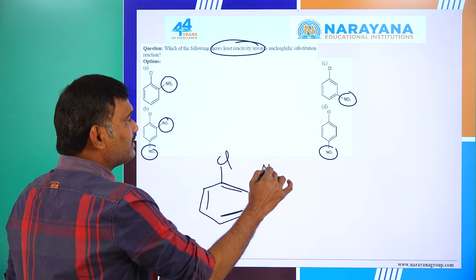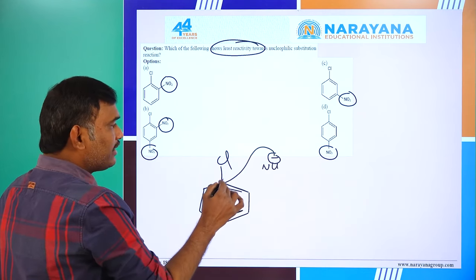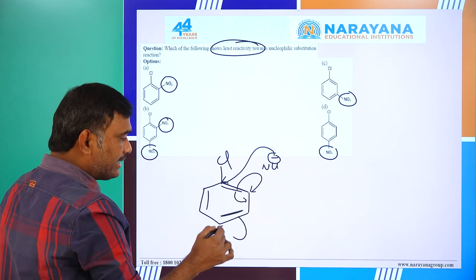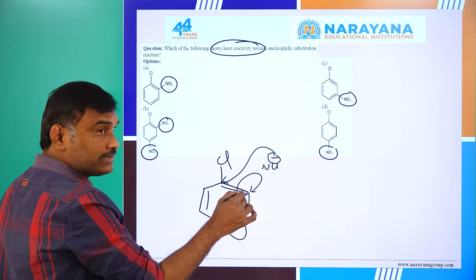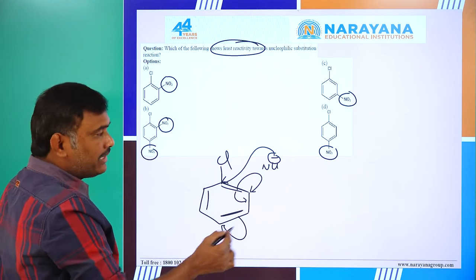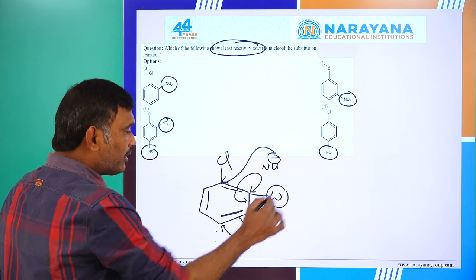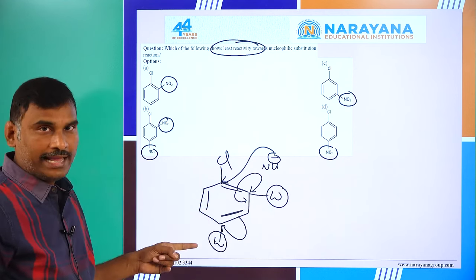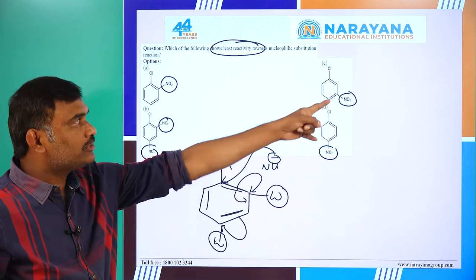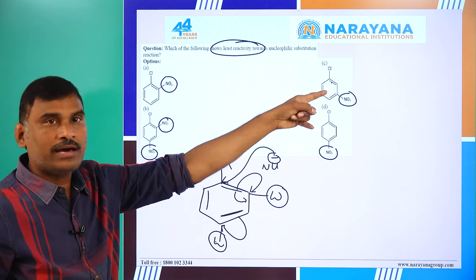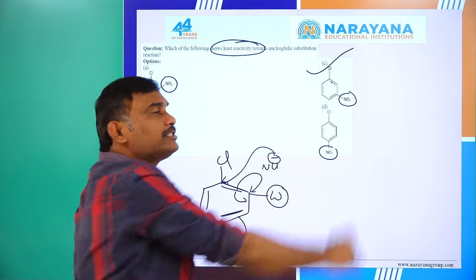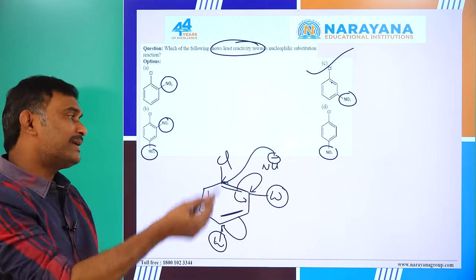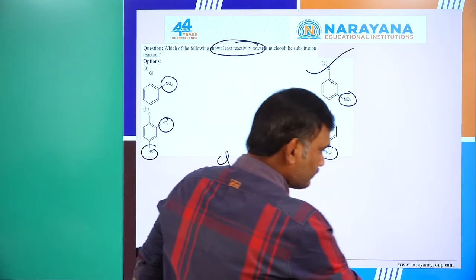When the nucleophile comes here, the negative charge comes to either ortho or para. If an ortho or para withdrawing group is present, the intermediate is stabilized by these groups. But here there is no such withdrawing group at ortho or para. That's why it is the least reactive for aromatic nucleophilic substitution. Now go for the next question, student.